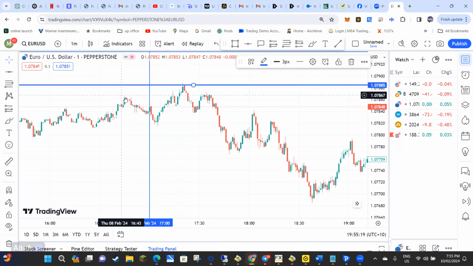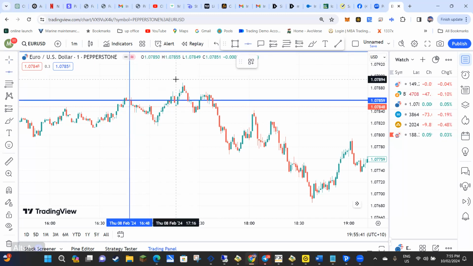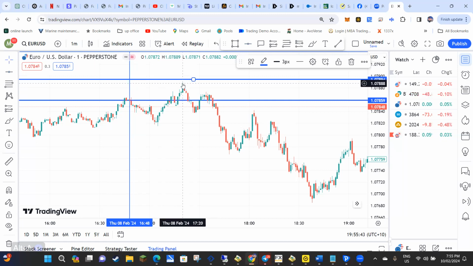So if you placed a trade here, you understand that if we decided to place the trade right there, in order for us to not hit our stop loss and not take a loss, we would need our stop loss to be above this point here. Any closer and we would hit it and we'd take a loss.